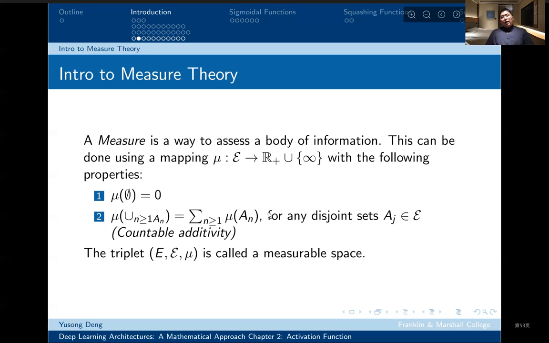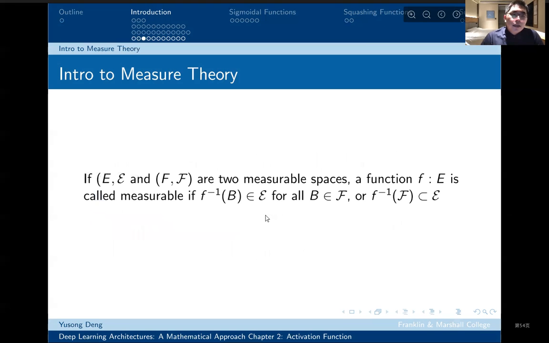The triplet E, which is the finite set, epsilon, which is the algebra structure on that set E, and mu, which is the mapping, is what we call a measurable space.